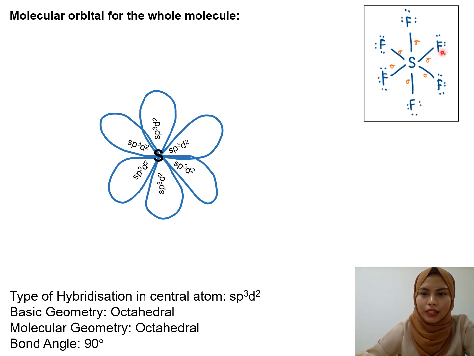on the F atom. Okay, so Miss has told you earlier that the fluorine atom has a single valence electron in the 2p orbital that is ready to mingle.